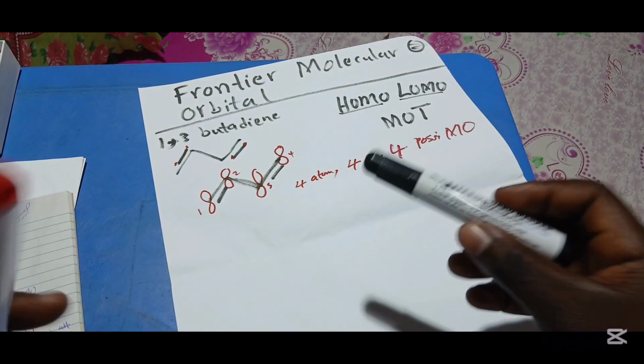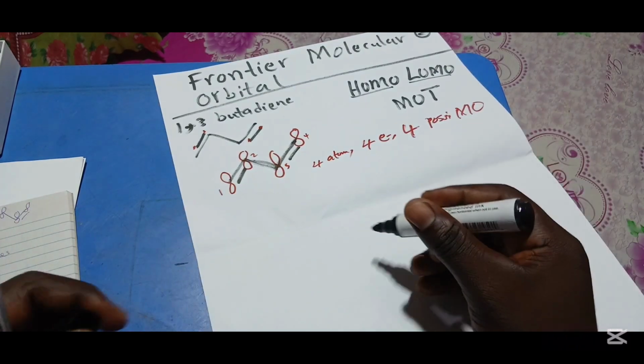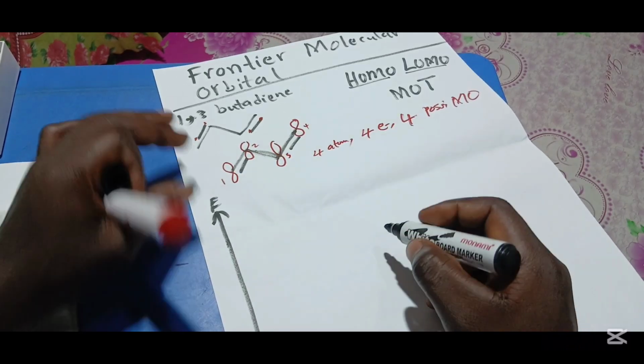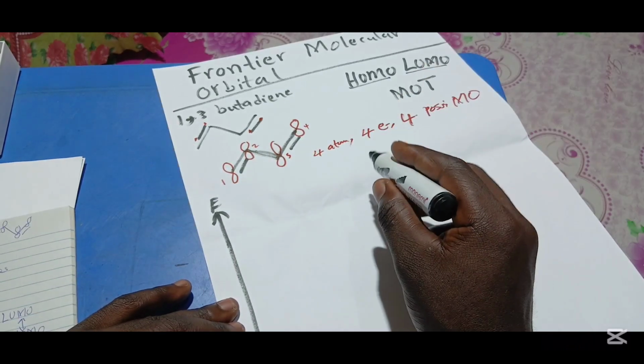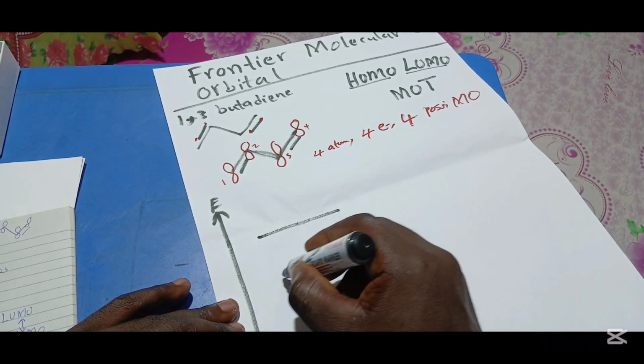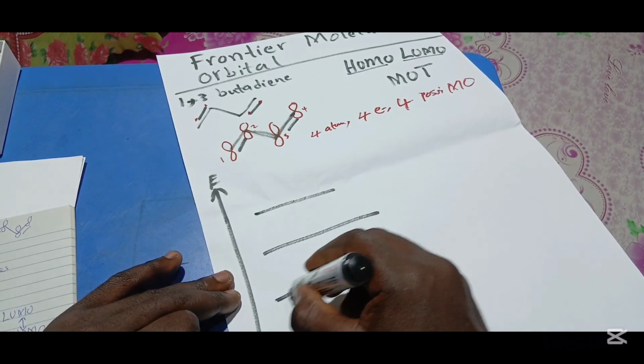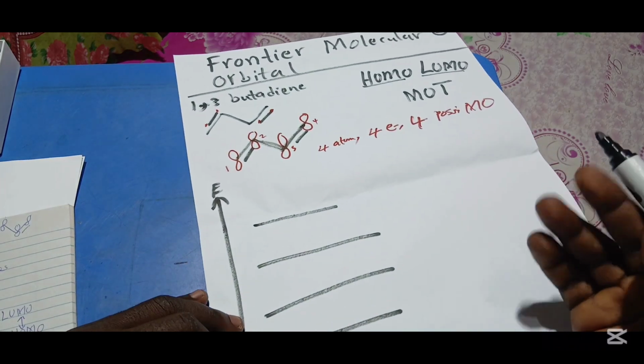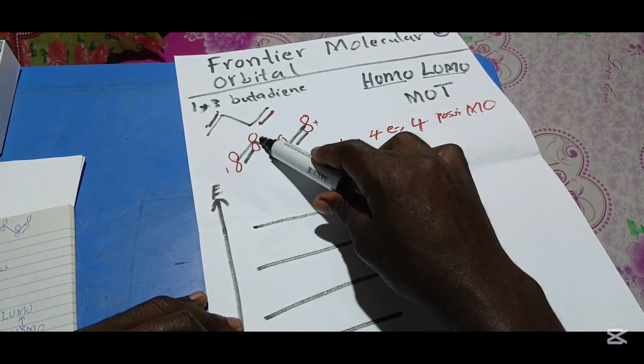Now that we are done analyzing the molecule, everything becomes easier. We have 4 atoms and 4 molecular orbitals, so you can go ahead and indicate your energy diagram. This is your energy axis. How many orbitals do we have? 4: 1, 2, 3, and 4. Now, how many atoms do we have? 4: carbon 1, 2, 3, 4.